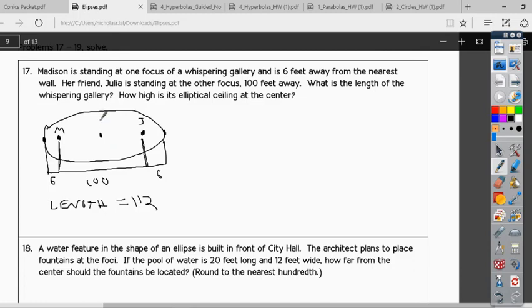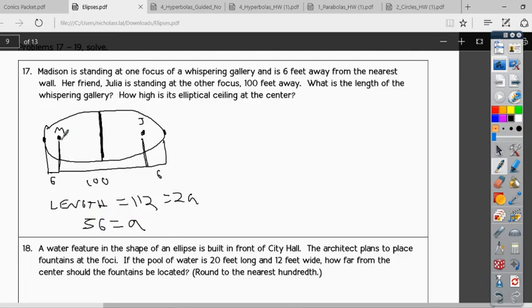So maybe it's asking the height of the ellipse. Maybe if it's asking this length, then 2a, so 112 is equal to 2a, which means that 56 is equal to a.